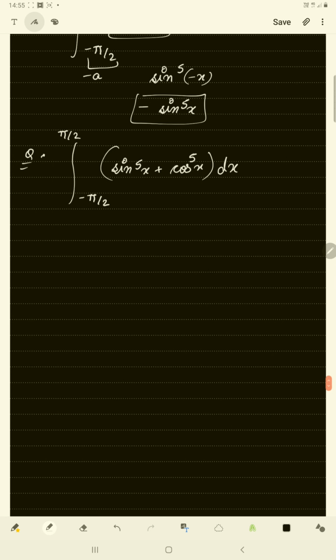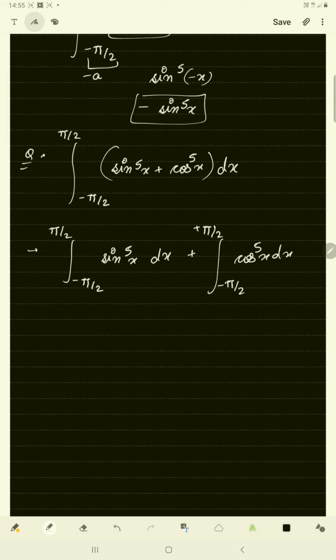So let's not make this thing complicated. We are just gonna separate the integral sign, and we get things like this: plus minus pi by 2 to plus pi by 2 cos 5x dx.